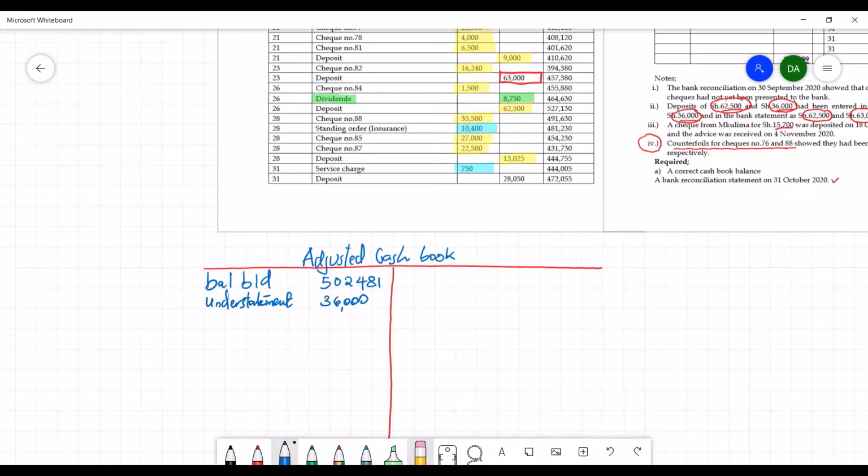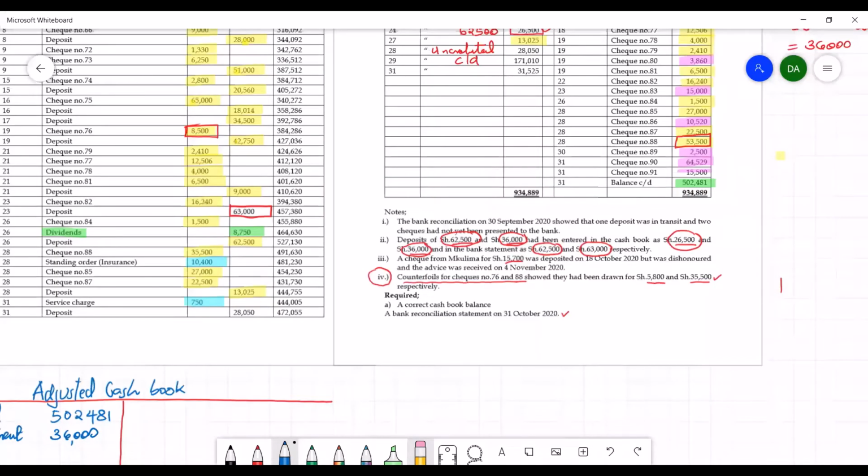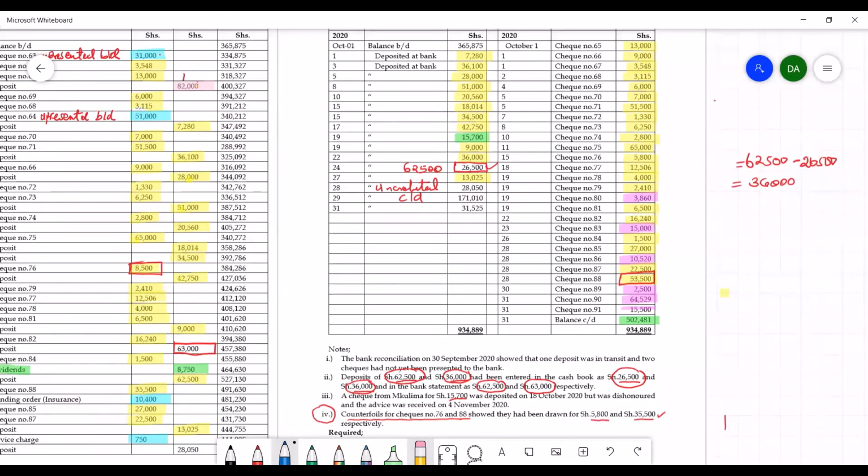The next is another error which was committed in the cash book, as follows. A check of 35,500 was recorded in the cash book as 53,500.